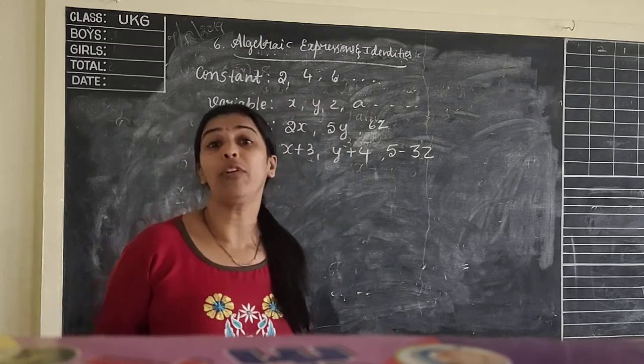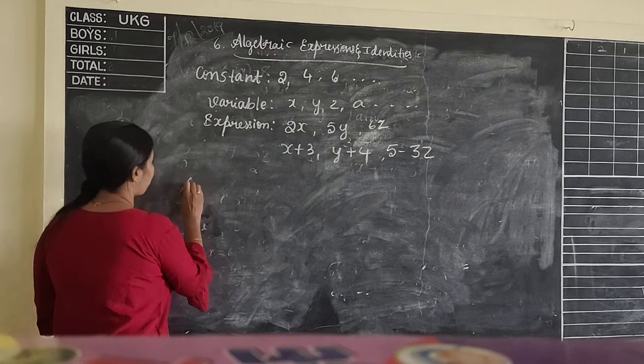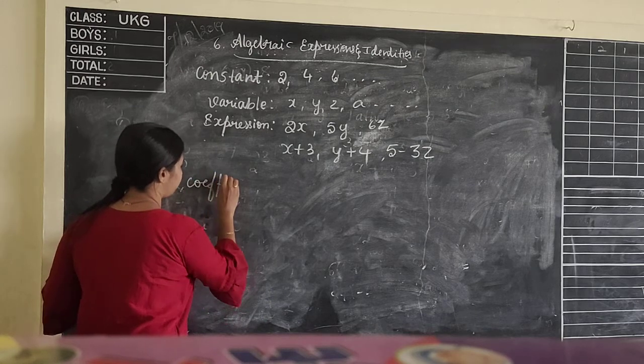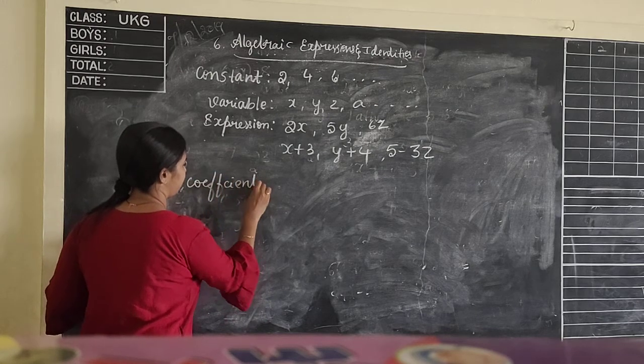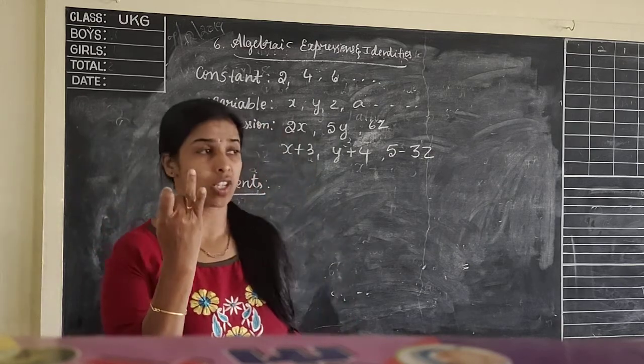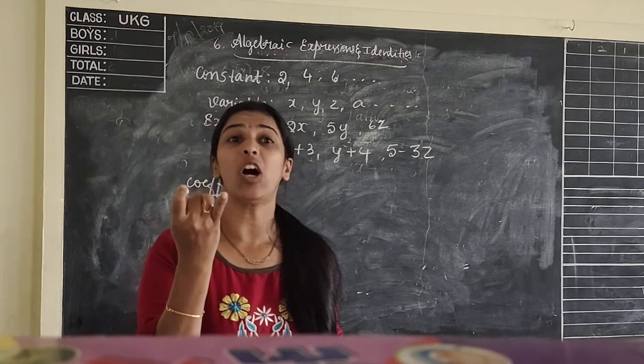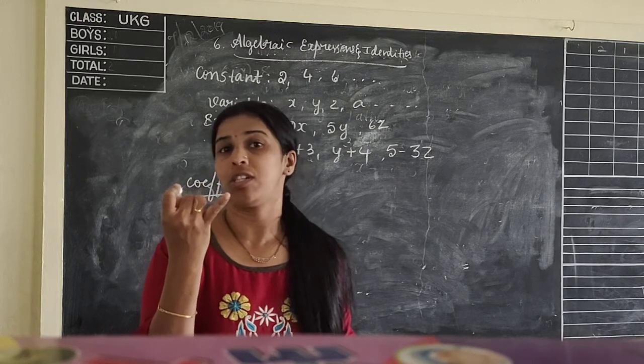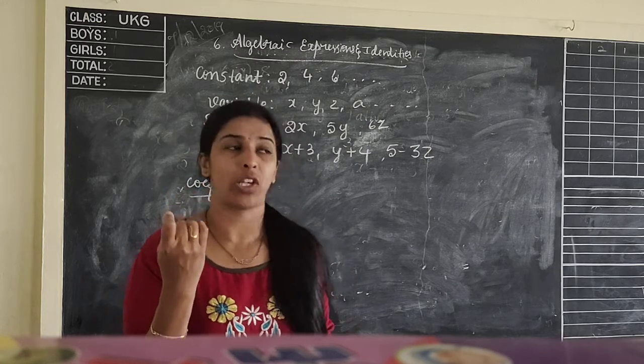Okay. Next coming is the coefficients. What is meant by coefficients? In coefficient, two types of coefficients are there. One is the numeral coefficient. One more is the algebraic coefficient.